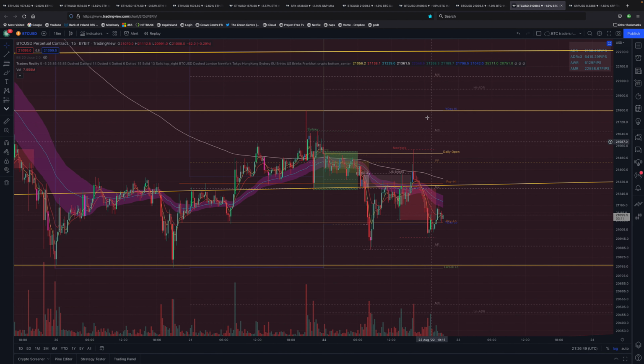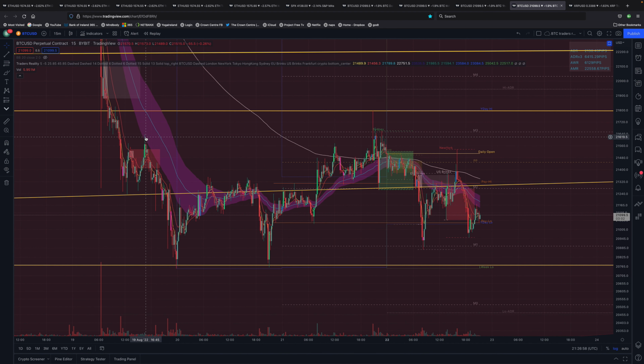These are just other levels, but I don't use them, not because I have something against them, but because look where my sideways channel lines are. They're already given to me by my trend lines. I don't need to keep those in mind.